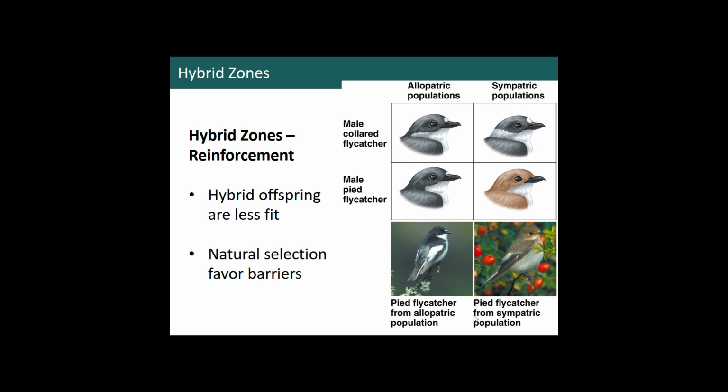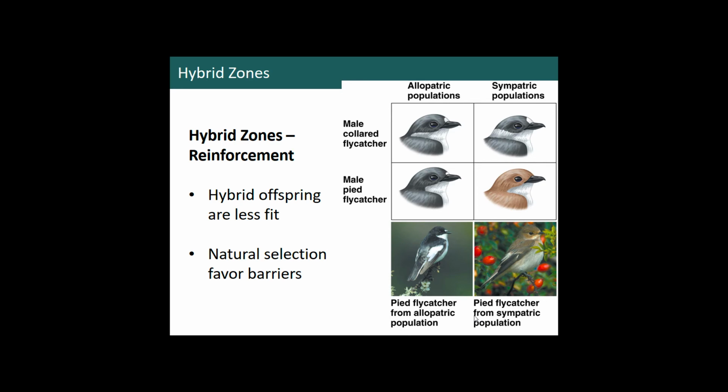This usually occurs because the hybrid offspring are less fit. They are not particularly well adapted to either of the species' niches. Maybe they're not great at feeding. Maybe they're not particularly attractive to mates of either species. Something about them causes them not to do as well. And because of that, natural selection favors them staying separate, right?